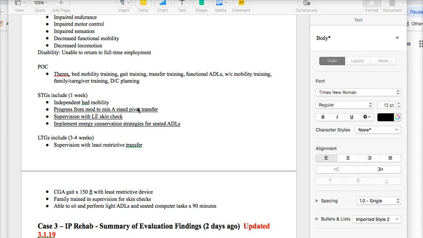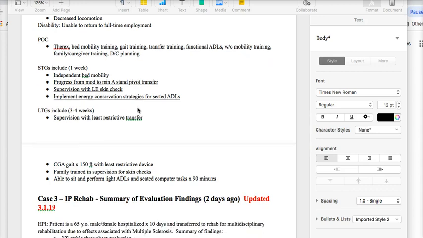You practiced stand pivot transfers as part of your experience as a student physical therapist assistant earlier in your lab practical work. But it's going to be based on, again, the plan from the last treatment. What is the plan, and how does that weave into the short-term goals?